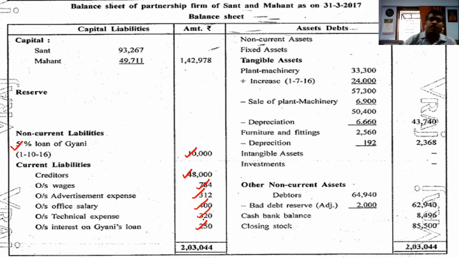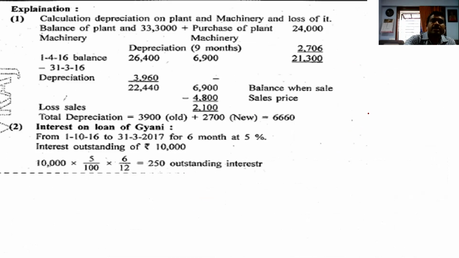Now, this is the point where we have got stuck a little bit. 33,300: first we have deducted, they have added. It's one and the same thing. 24,000, 57,300 minus 6,900, 50,400. Now the question is how they come to this depreciation. You can see here the depreciation, they are moving in this way.